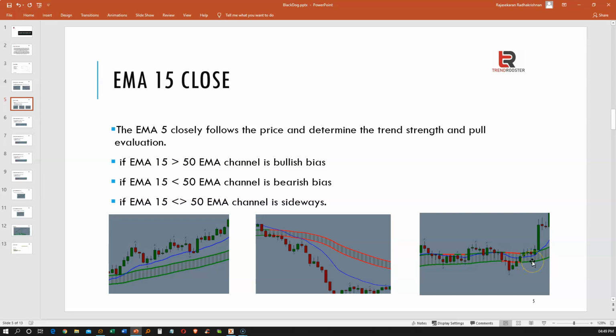So you should avoid trading whenever the market stays within this 50 period channel, with the 15 EMA, the blue line, staying within that area. The market is not going anywhere and stays sideways. That is what the 15 EMA close is acting as. Okay, let's move on to the next indicator.